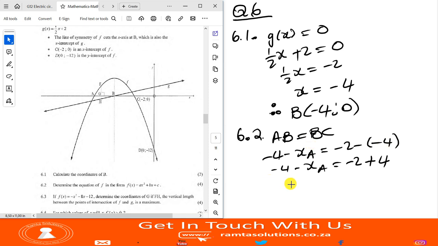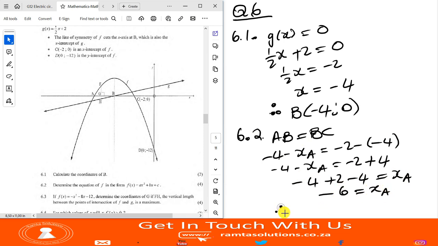So now, this tells us that x of A is -8? Oh, sorry, it's -6, not -8. It's -6, okay? If you got confused, guys, it's because I said -4 plus 2 minus 4 is equal to x sub A. So this is -6, okay?